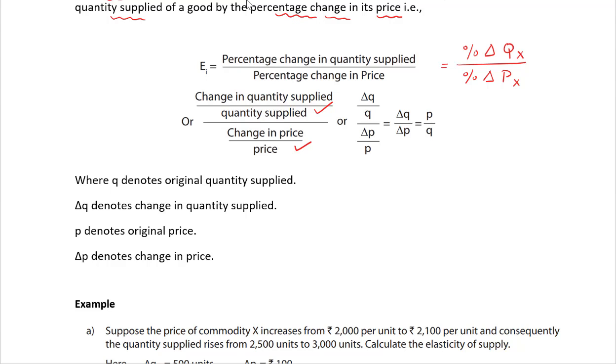So delta Q, change in quantity divided by original quantity, divided by change in price, delta P, divided by price.